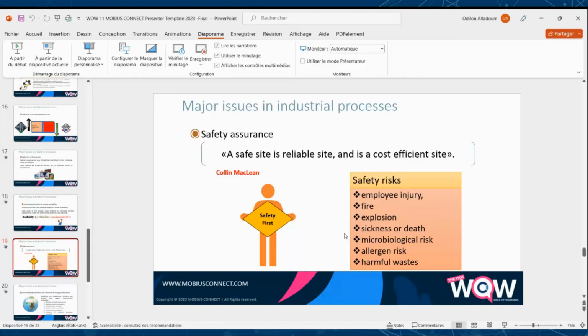And many studies show that reliability and safety are correlated. Where there is a strong reliability culture, it is safe. So safety must be considered as an important issue when we develop our reliability and maintenance optimization program or strategy.